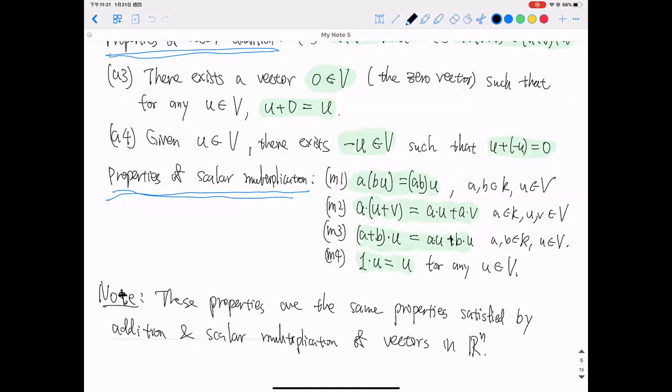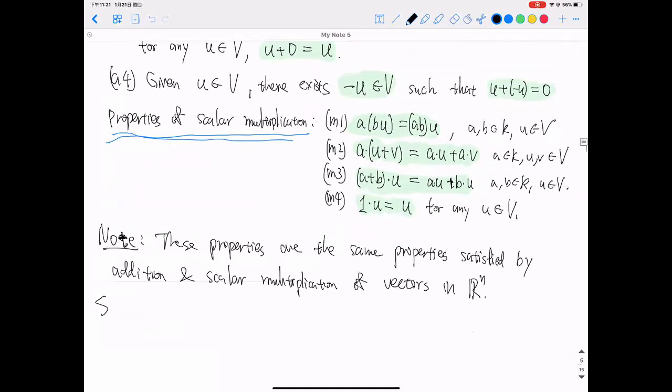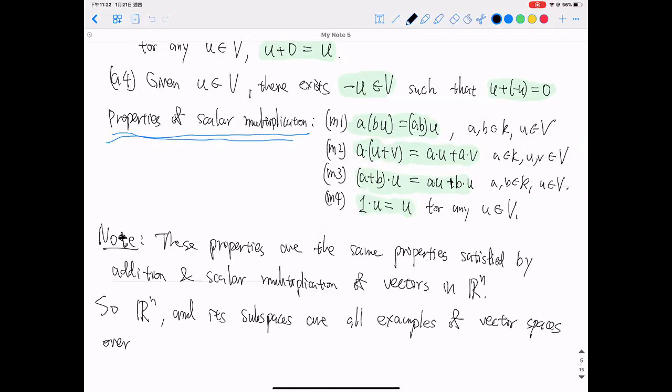Right? If you compare this with the previous discussion on vectors in Rn, you see that these properties indeed hold true for addition and multiplication of vectors in Rn. So Rn and its subspaces are all examples of vector spaces over, well, the scalar field in question.